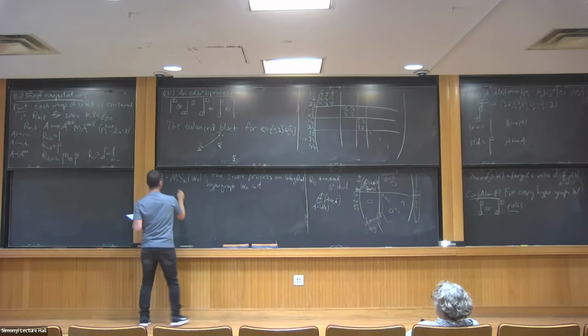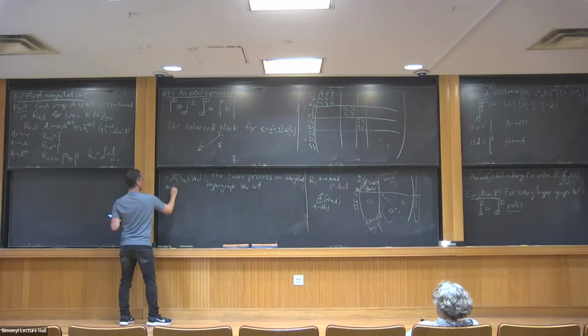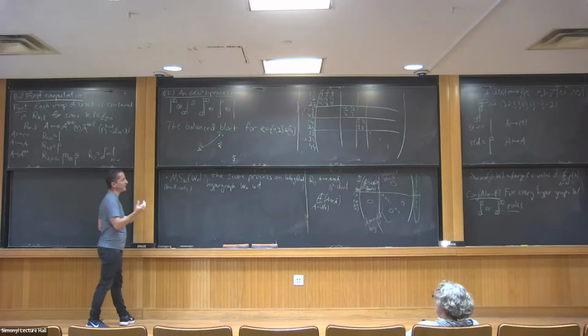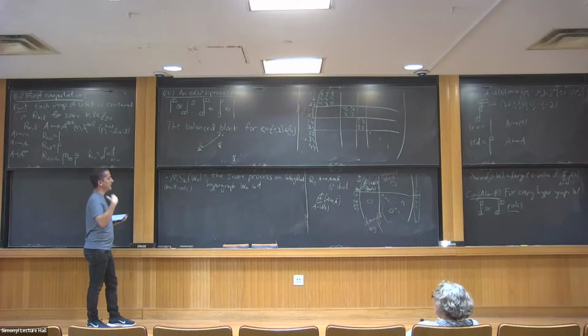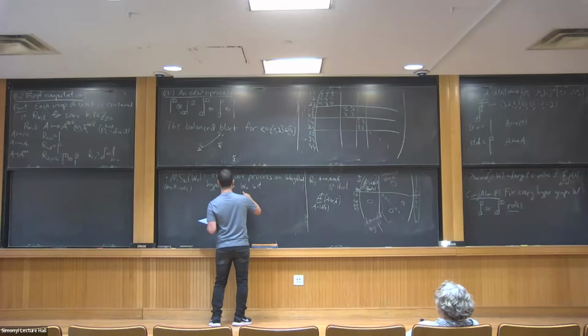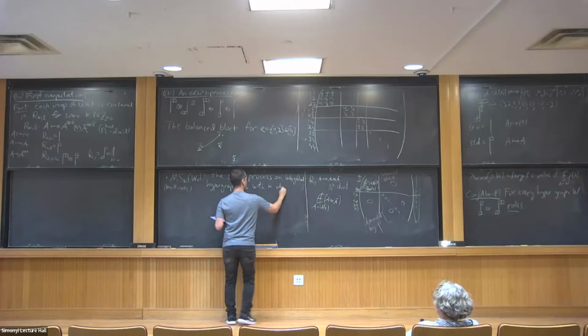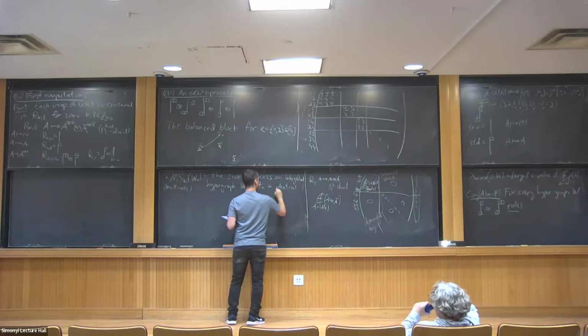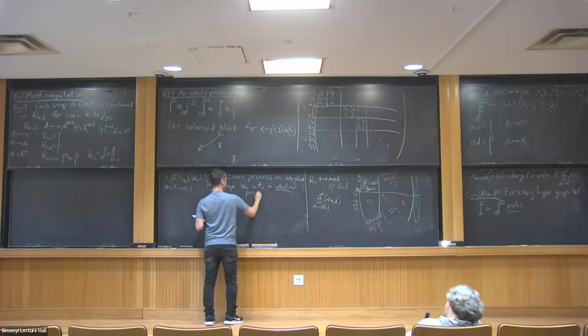So this is a multiset. Multisets, because this is a process on multisets. I have multisets of size K, taken from n possible elements. Hypergraph W_0 with K identical variables.